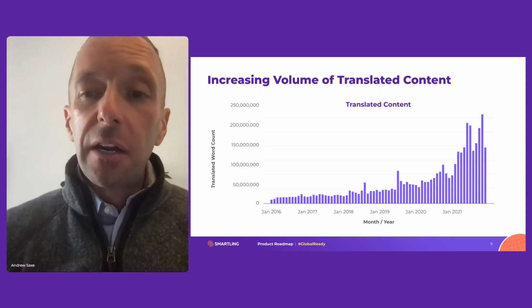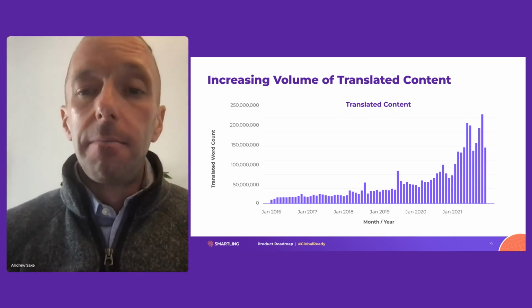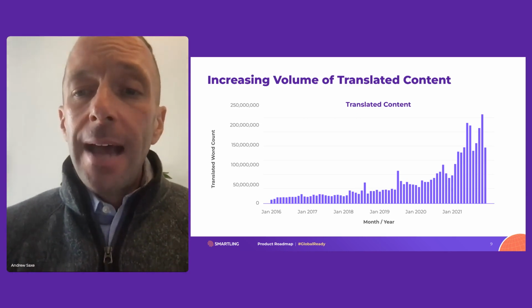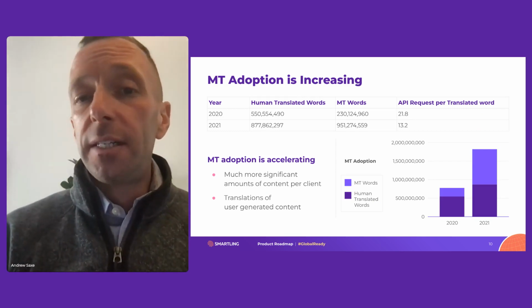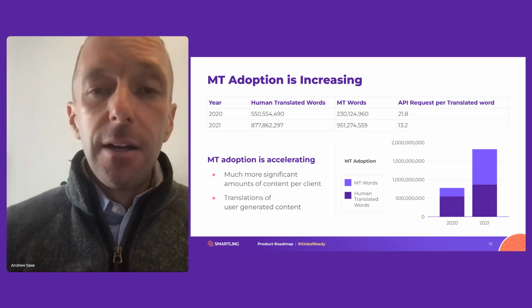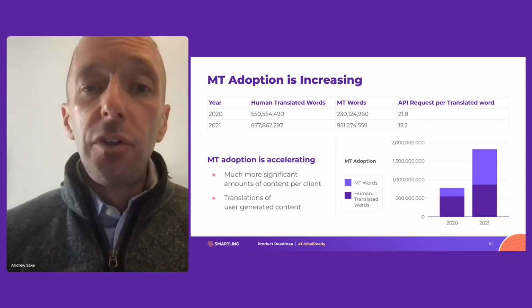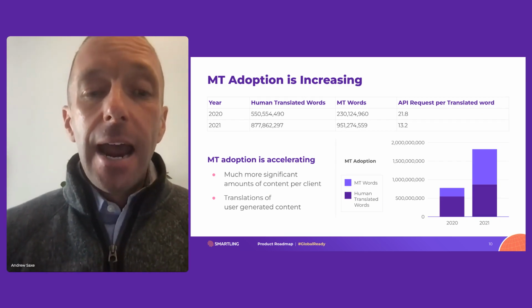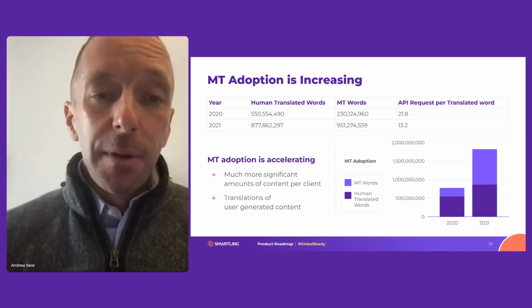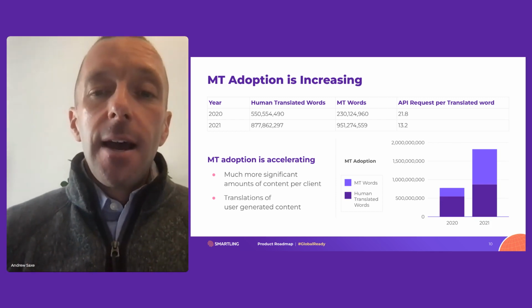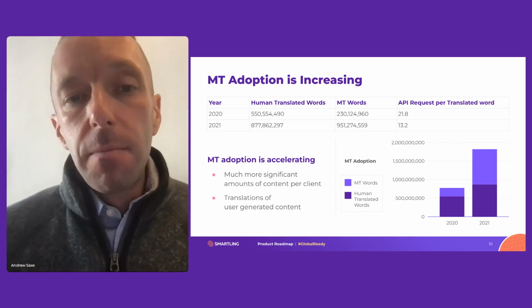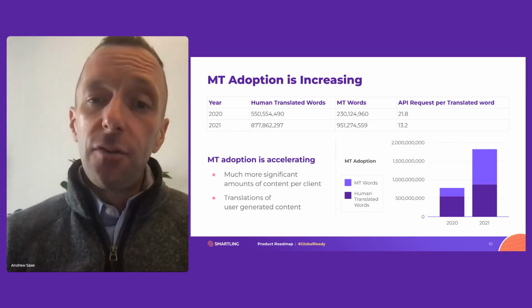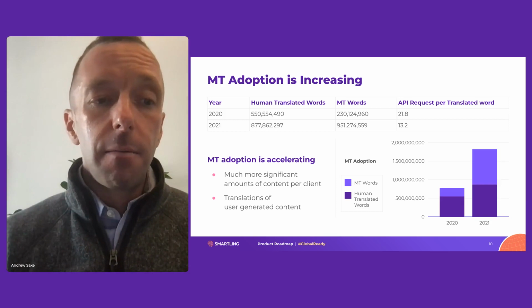And we're also seeing a lot of user-generated content being translated. As Jack mentioned in his presentation, MT adoption is increasing very rapidly. A lot of our customers are now using MT as the first step in their translation process. And MT adoption has increased across the platform, both for straight MT translation as well as MT post-edit.